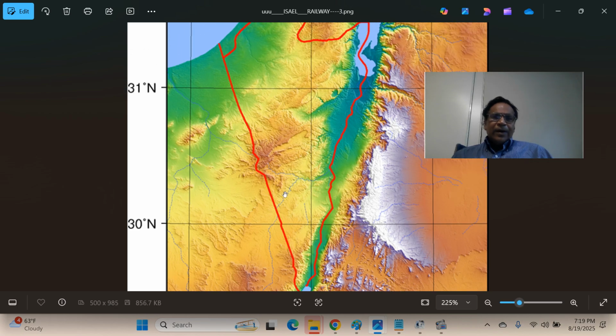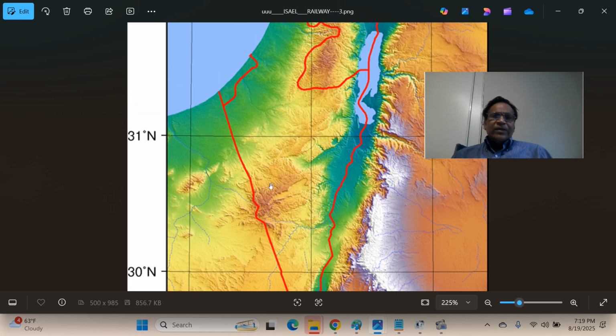This is the Paran Basin as a landmark here, the Zin Basin, Zin Valley here, and this is the Ramon Wadi Basin here. So this is the water divide between this area and this area. You can see the Ramon Mountains here and Arad will be somewhere here. You can see the Beersheba Valley and Beersheba Wadi stream here.